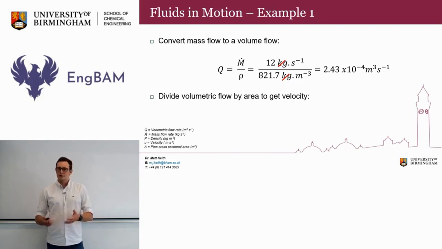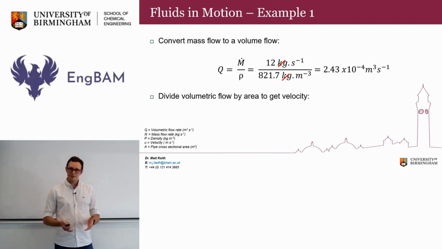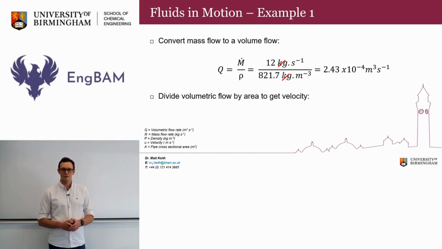To convert our volumetric flow to the velocity of a fluid, this is the average velocity that we've got across the pipe, because we don't know anything about the velocity profile at this moment in time. So all we do is divide the volumetric flow by our cross-sectional area to get the velocity.